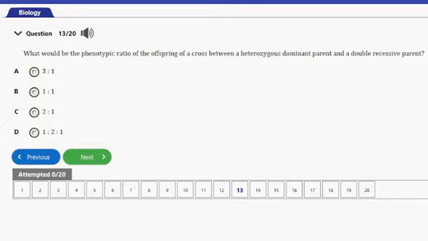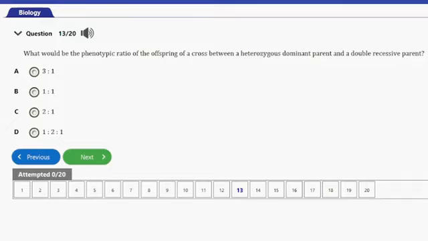Let's say we have this to be H, and we have heterozygous H and homozygous recessive h. We're going to have capital H linking with small h on the other hand. Then we also have capital H linking with the other small h, and that's two heterozygous Hh.